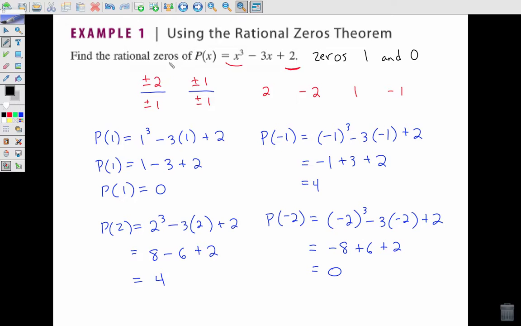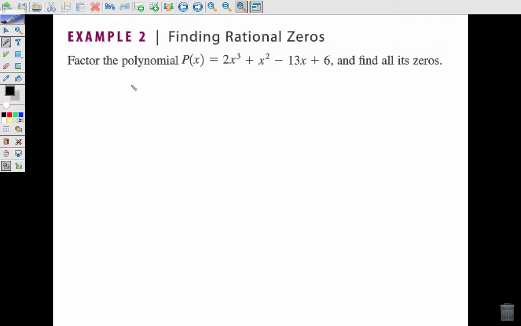All right, let's look at another example. So this was just finding the zeros. The next example is we're going to find the zeros and factor at the same time. Okay, so we want to think about all the possible zeros, and then we actually want to use synthetic division this time, since we're going to be factoring this. Okay, so all of the factors of 6. So positive or negative 6, positive or negative 3, positive or negative 2, positive or negative 1.